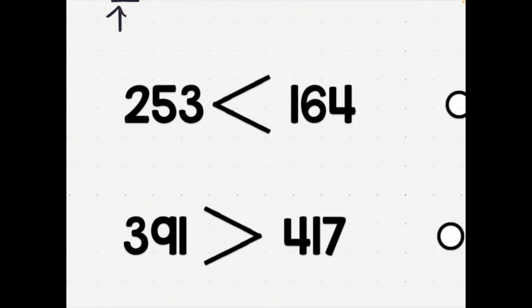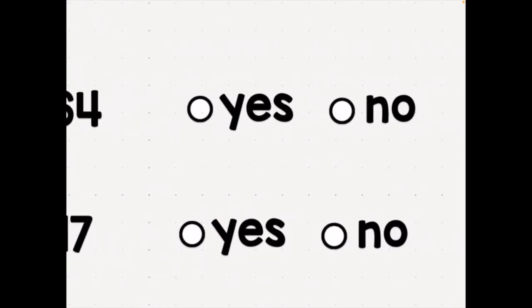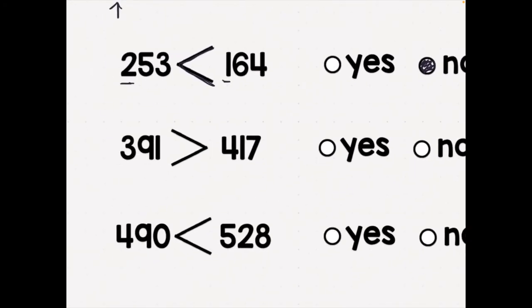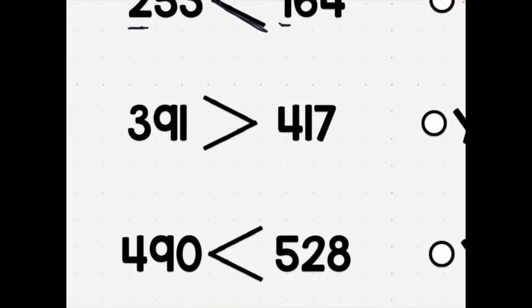Okay, this one, 200s, 100. And the sign is eating the small number. Wait, is that true? No, that one is not true. We can't eat the small number. So no. Okay, 300s, 400s. The sign is eating 300s, but it's supposed to be eating 400s because 400s is bigger.